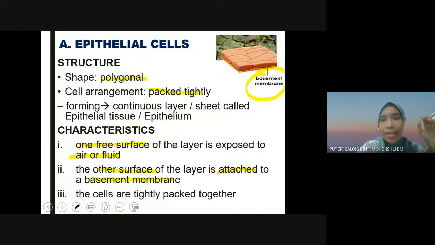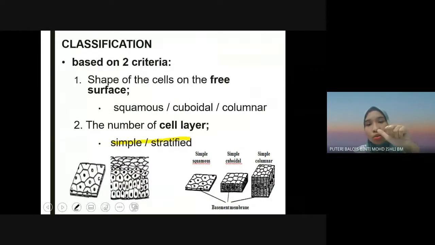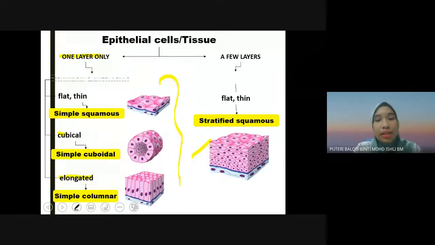Okay, sama ada tiga. Squamous, cuboidal, columnar. Kriteria kedua adalah number of cell layer. Simple ataupun stratified. Simple macam ni ataupun bertingkat-tingkat macam ni. Right? Okay.